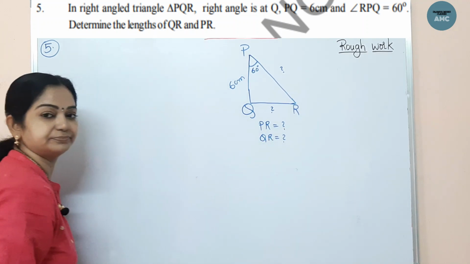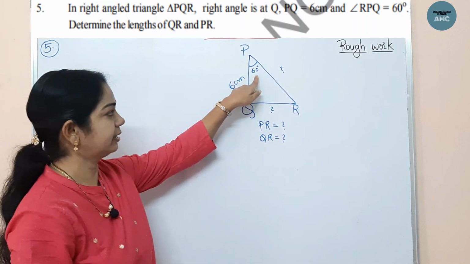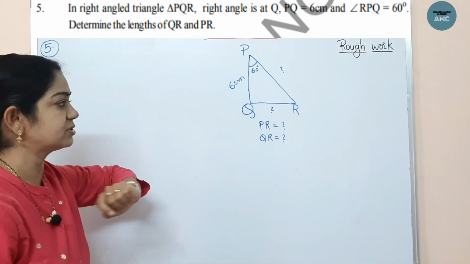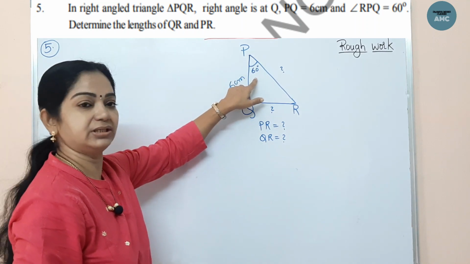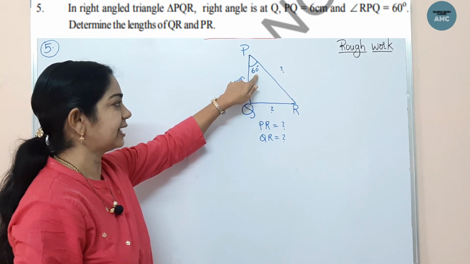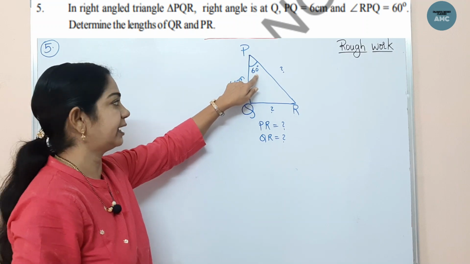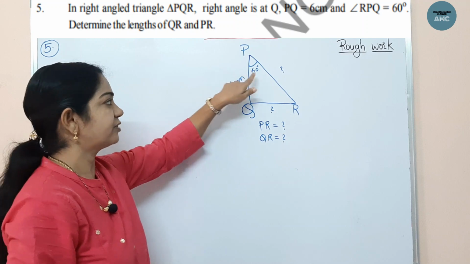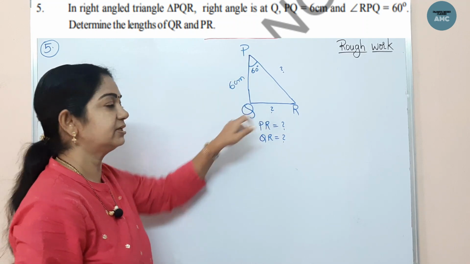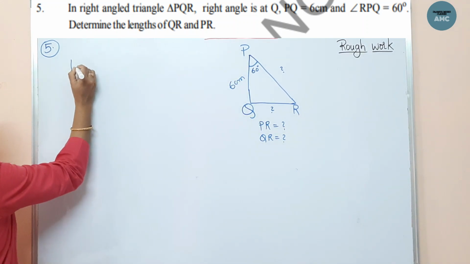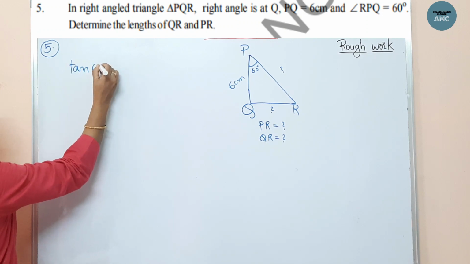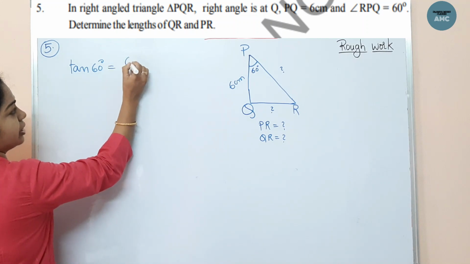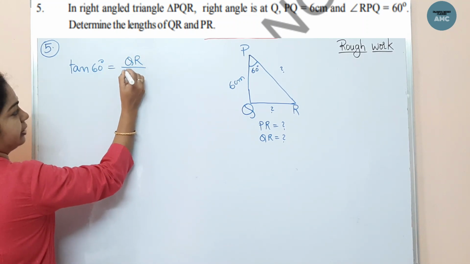Now here we know one angle, and we know the trigonometric ratios. So if you take tan 60 degrees, it is opposite by adjacent. From this I can get this value, right? Write down: tan 60 opposite is QR, so tan 60 degrees is QR by PQ, isn't it?